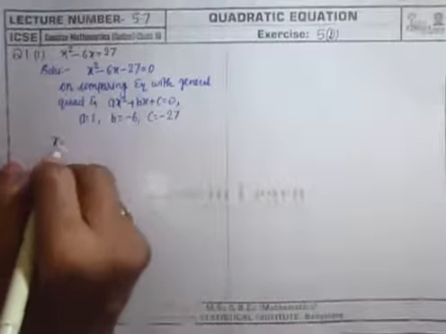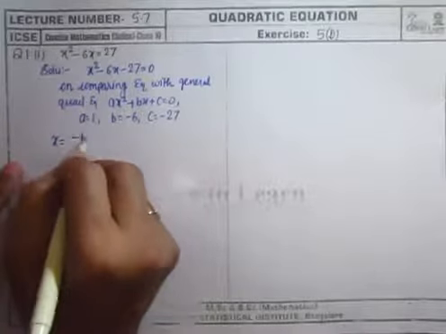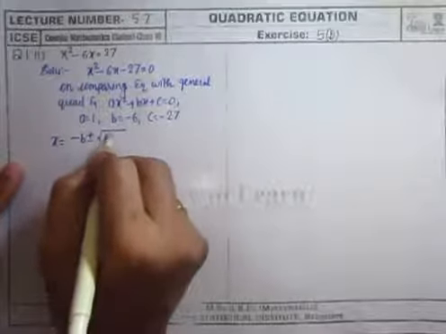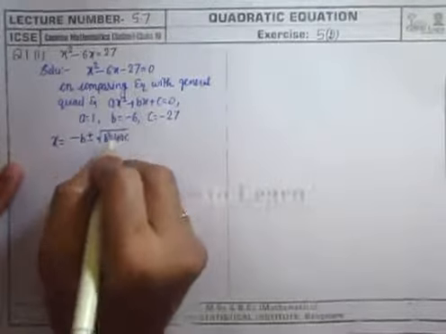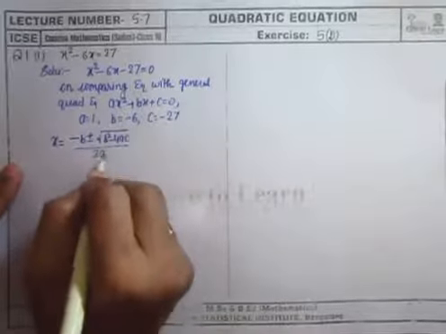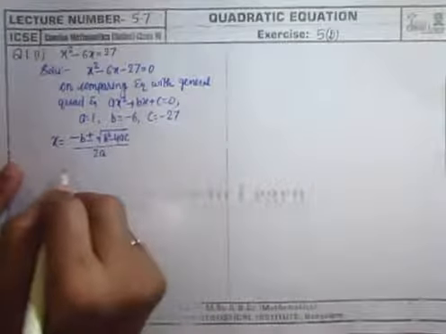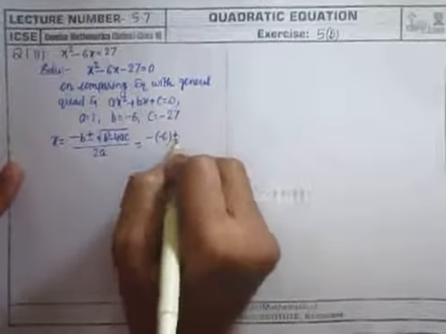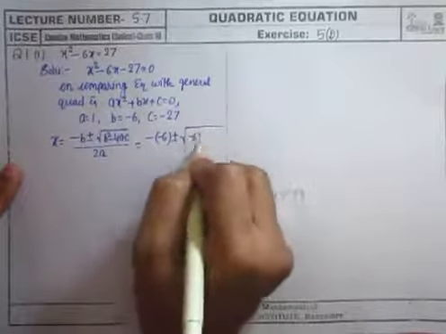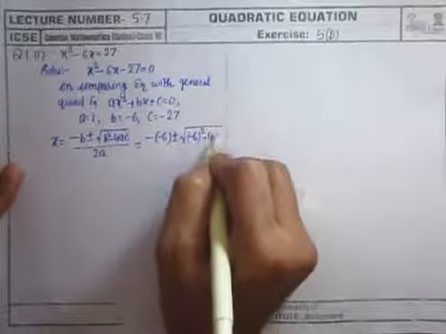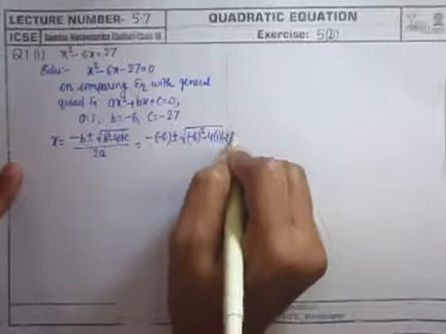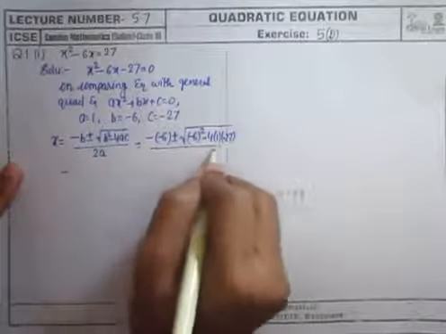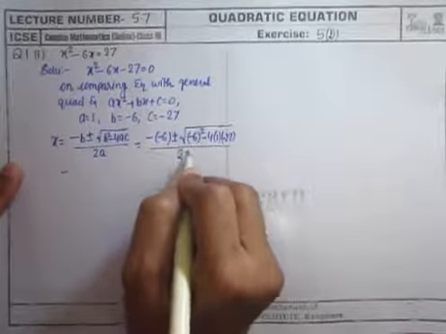Now the formula for x is minus b plus minus root under b square minus 4ac by twice a. Now put the values here. Minus b is 6 plus minus root under minus 6 whole square minus 4, a is 1 and c is minus 27, by 2a, a is 1.